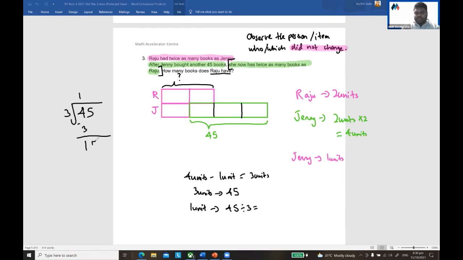Bring it down. 5 times 3 is 15. Minus it off, 0. So proceed to find for 2 units, which is 15 times 2 equals 30. Okay, so this question clear now on how to do? All right, perfect.